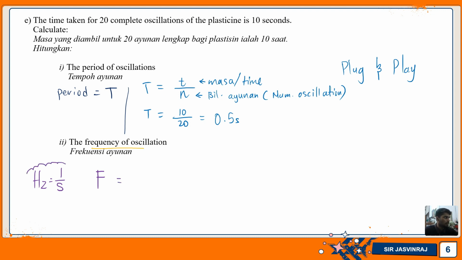F itu frekuensi, so it is equal to hertz, which is 1 bahagi saat. Tapi dalam kiraan ni, saat kita kira dengan T. So 1 bahagi dengan T besar. So 1 divide by 0.5, with the calculator we will get 2 hertz.